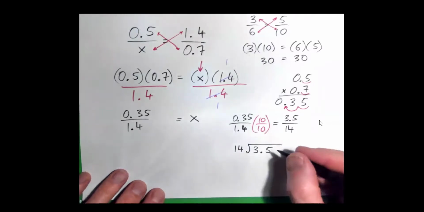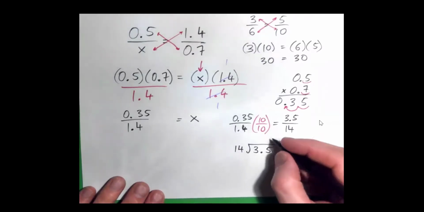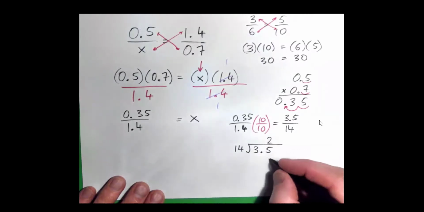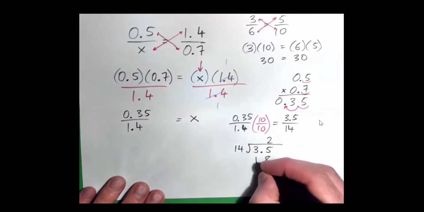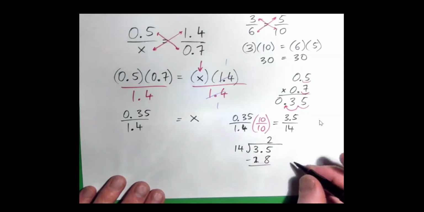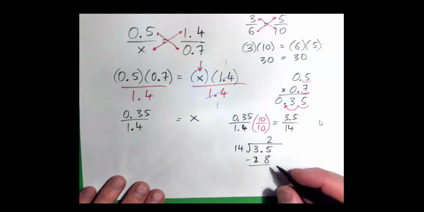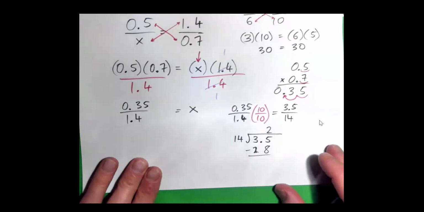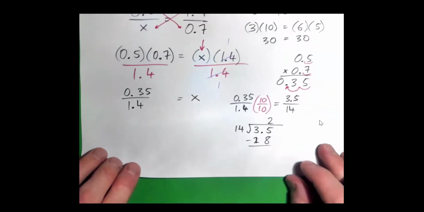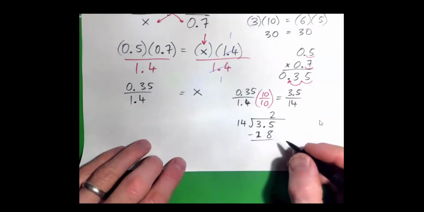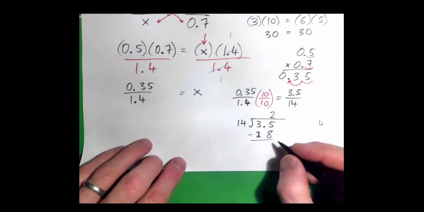Yeah, you're right, 14 into 35 goes twice. 2 times 4 is 8. 2 times 1 is 2. And now subtract: 35 minus 28. Yeah, 28. So it would be 7.